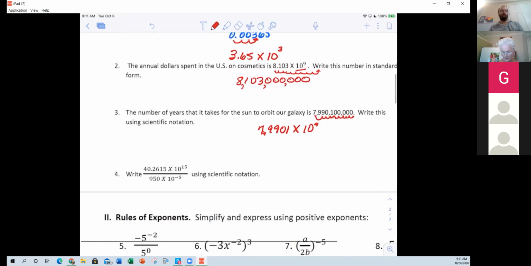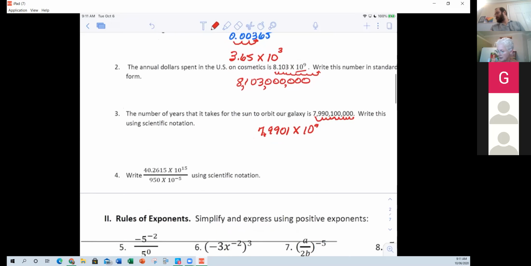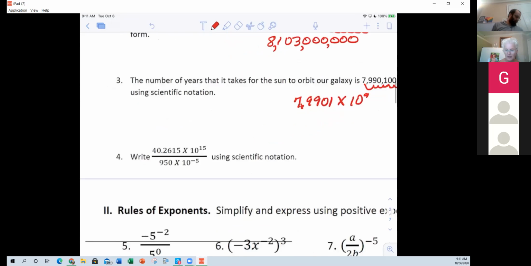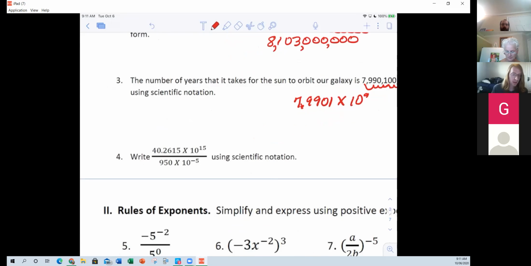And finally, Hunter, what about number 4? I know this one didn't come out evenly, you can round it where you feel comfortable rounding it. Well, I did not round it, but I got 4.23805263 times 10 to the 22nd.